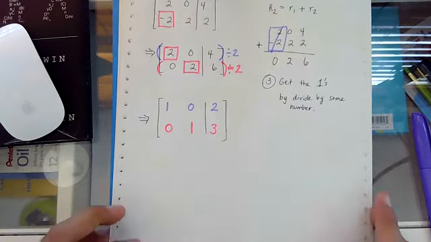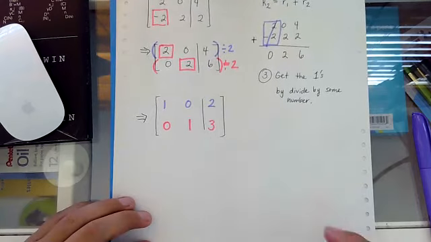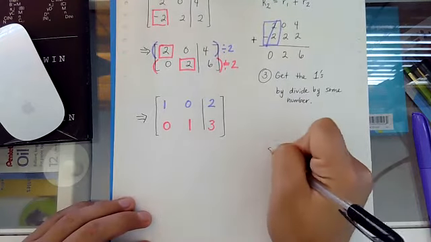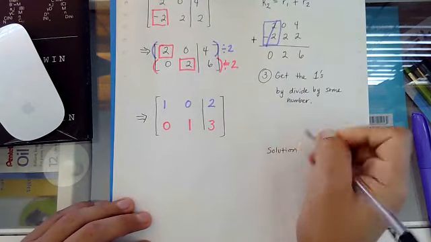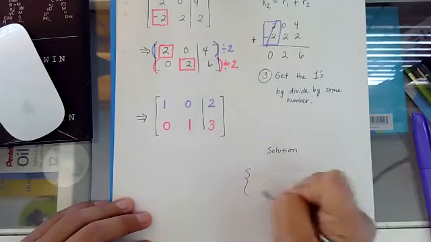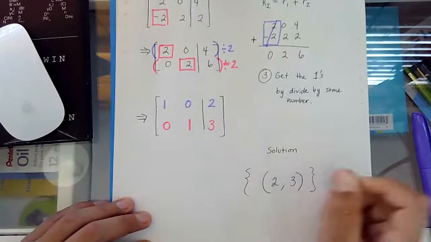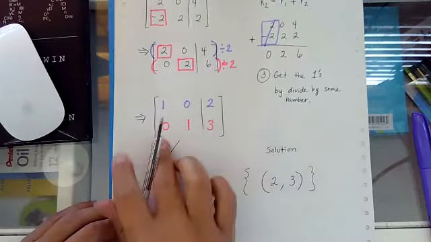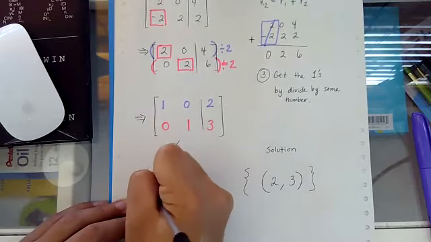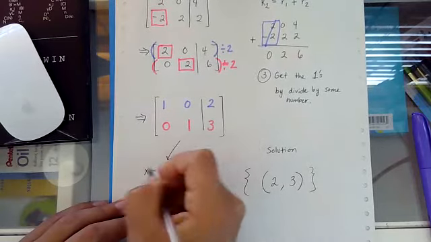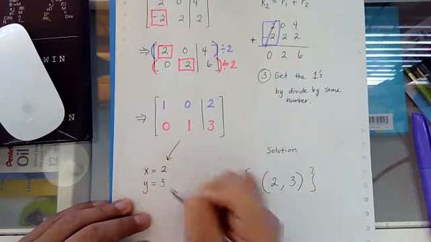So what is the solution for this system of equations? 2 and 3. Yeah, the solution is the ordered pair 2, 3, because if I were to take this out of the matrix, what I'm getting is x is equal to 2 and y is equal to 3.